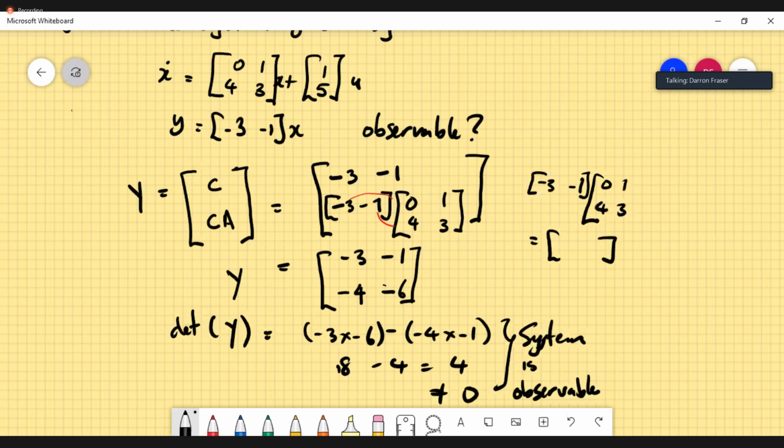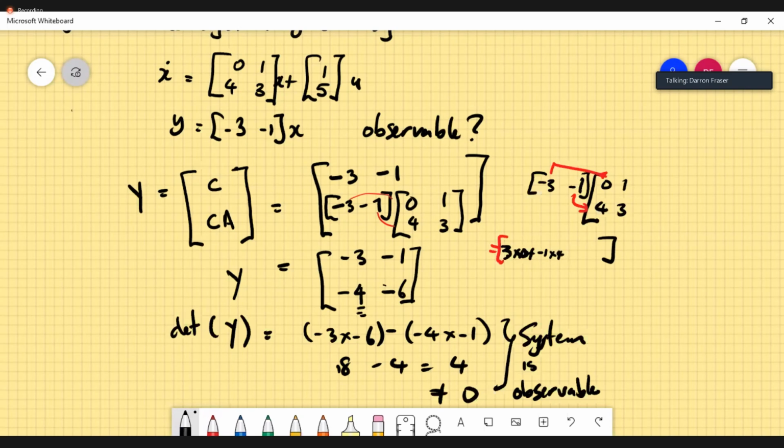The first row is -3 times 0 plus -1 times 4, and that gives me the -4.